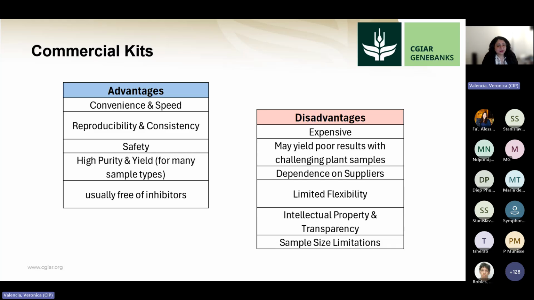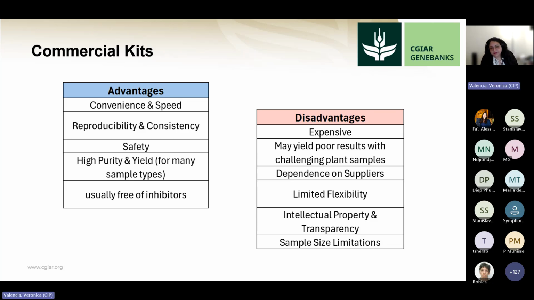So that's also a great disadvantage. The other is that it's not that flexible to optimize. Normally, commercial kits are made specifically to solve some problems, right? So it's not a setup that you can add to or take things from. You can do some modifications, but it's not that flexible.